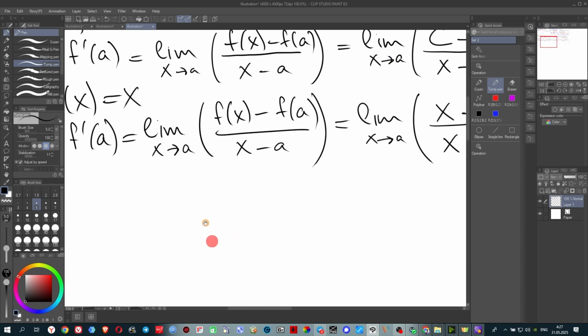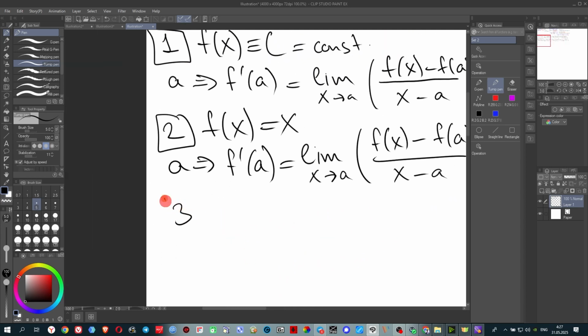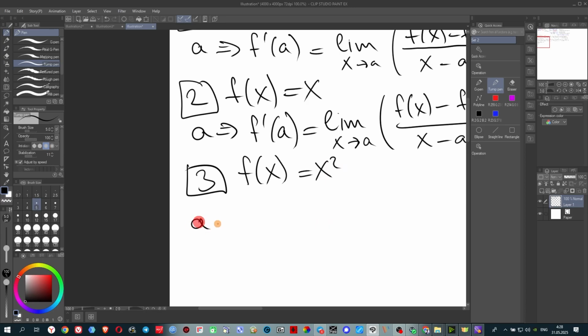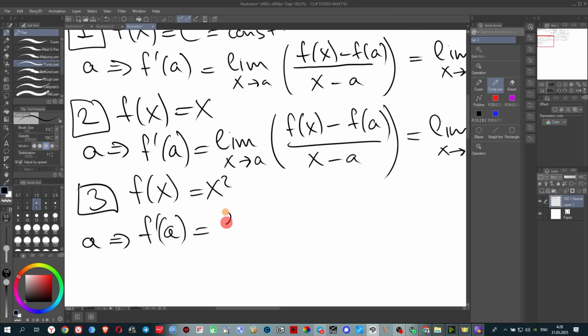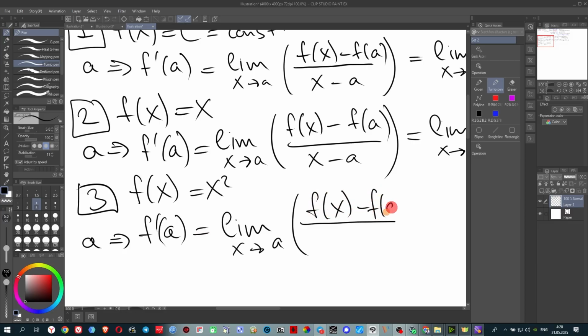Well, that's great. Let's go to the third example. The third example is f of x equals x squared. Let's again fix some number a. What would be f prime of a in this case? Again, let's write this limit. We are only starting, there is no need for us to skip this step. f of x minus f of a over x minus a.